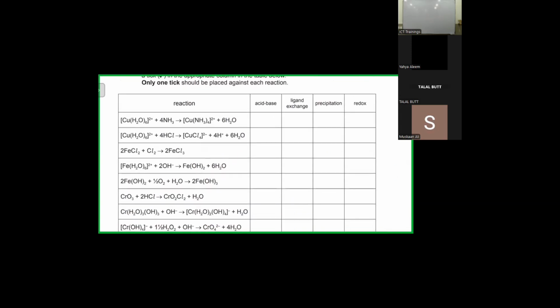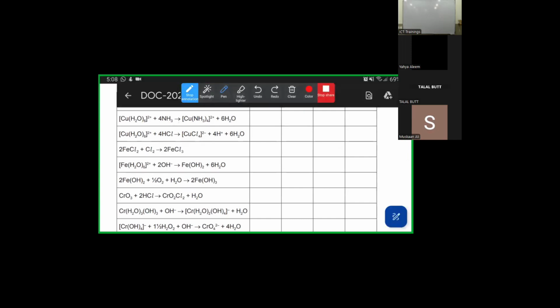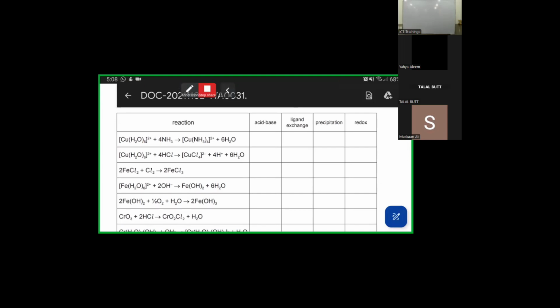Okay, guys. Any one of you could tell me what type of reactions are these? First reaction, water is displaced by the ammonia. So this is the ligand exchange. Okay, so it would be the ligand exchange. If you see Cu, this one is also the ligand exchange. This one, if you see Fe is plus 2 up here, it is plus 3.